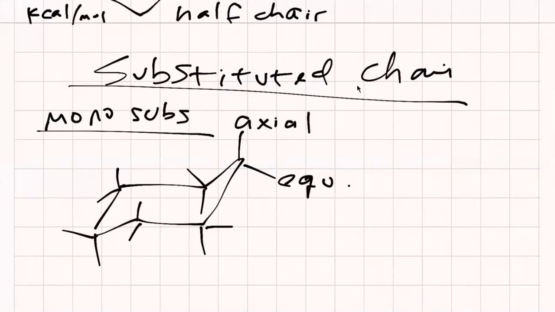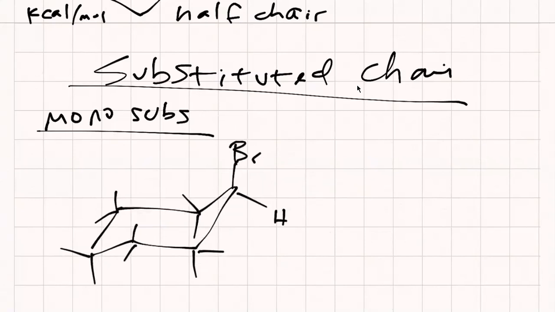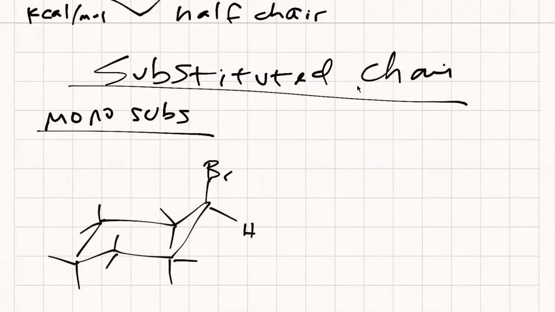Right? If it's axial, I'm just going to put like a phantom substituent up here. Let's just say bromine. If I put a bromine here, let me move this down too. Right? The top face and the bottom face of the ring both have axial sites.